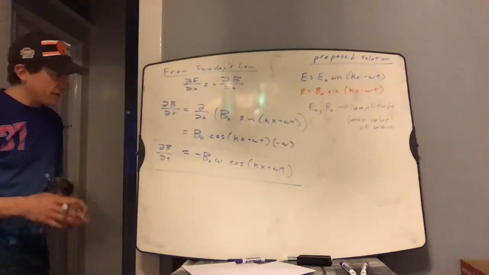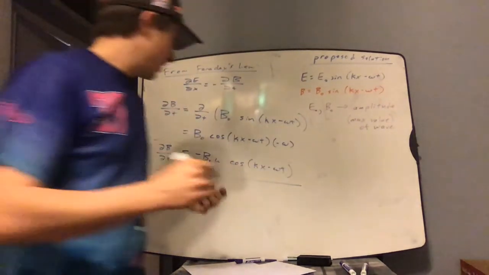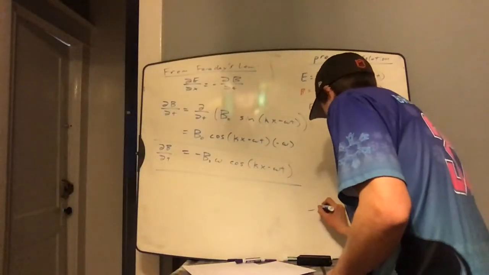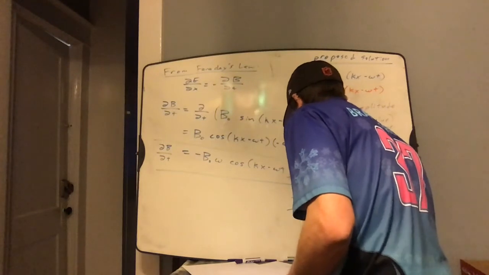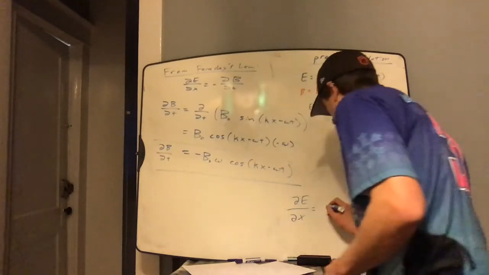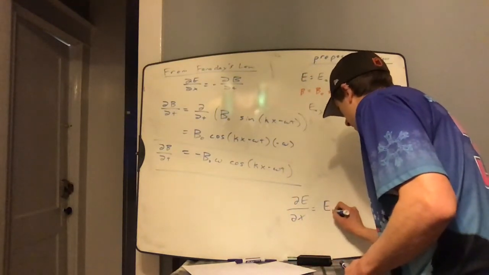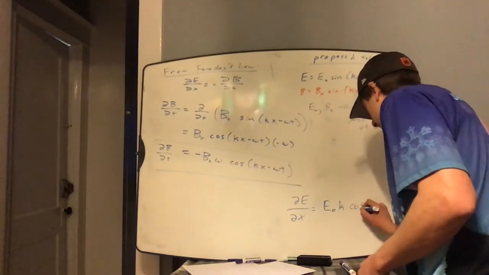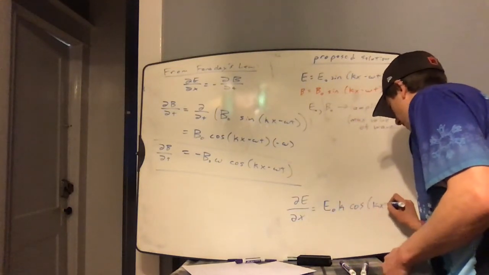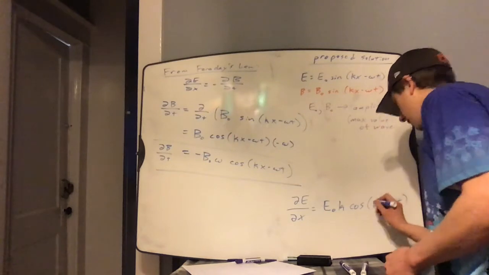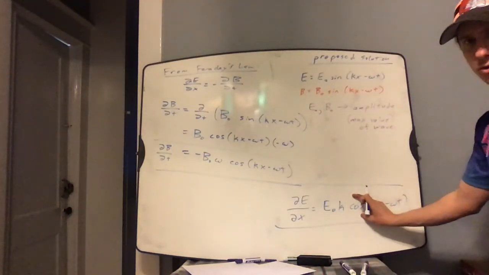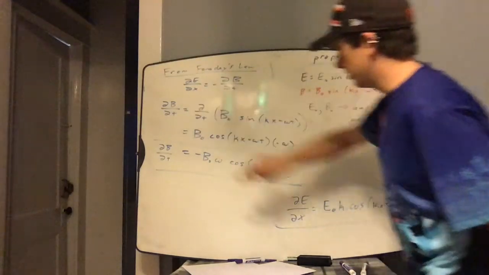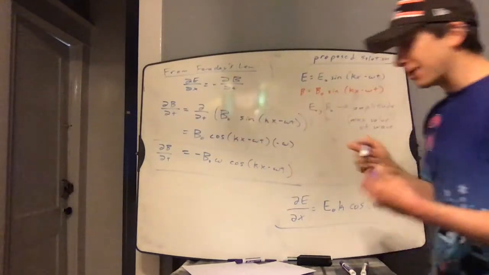And I previously found that the partial of E with respect to x is equal to E naught k cosine kx minus omega t. So let's take this result, plug it in up there, and take this result, plug it in there.